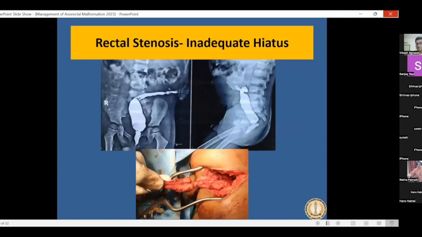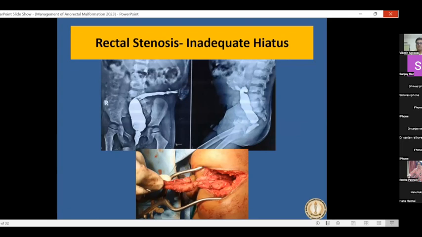The second thing I was talking about was rectal stenosis. As you see in this picture, there is a stenosis developing in the lower part of the rectum at the level where the puborectalis or levator is. Usually when we used to create the tunnel, we used to use a port, and gradually we switched over to dilators. A 12 number dilator was the maximum dilatation we used to do.